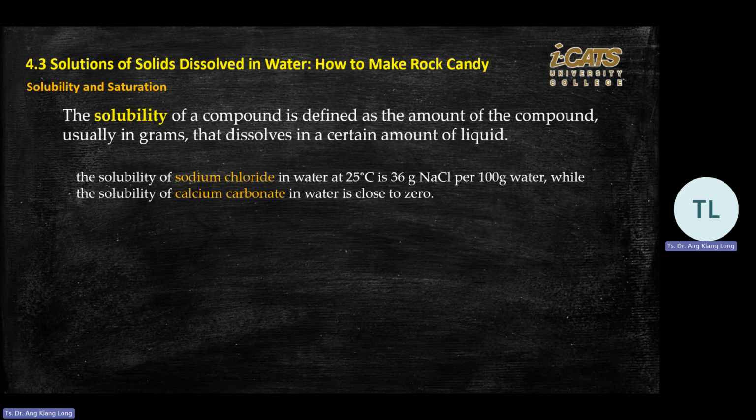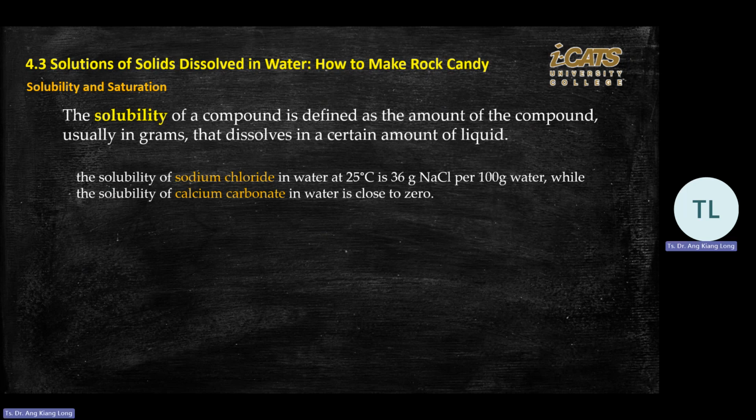What does it mean? If you add 37 gram, the extra 1 gram means the maximum that the water can dissolve of NaCl is 36 gram. If you give more, you can only see 36 gram contained inside the water.